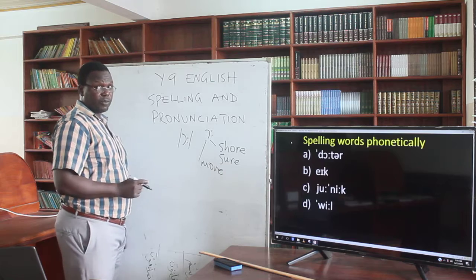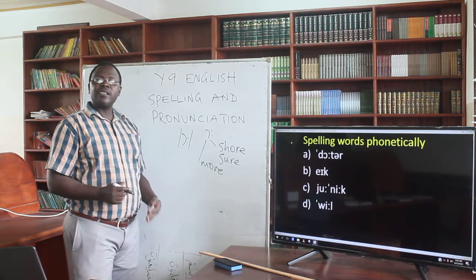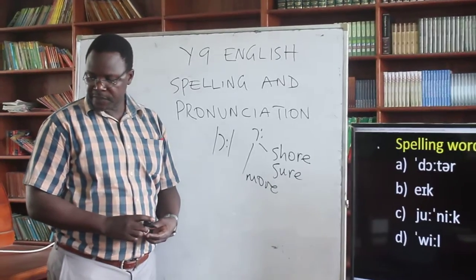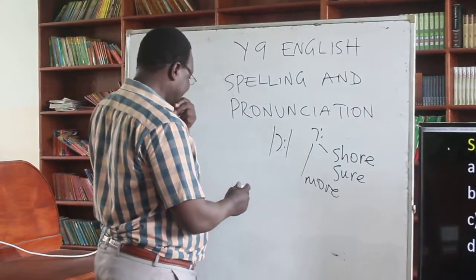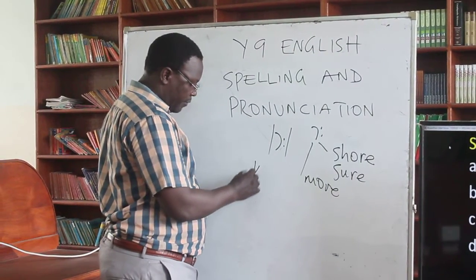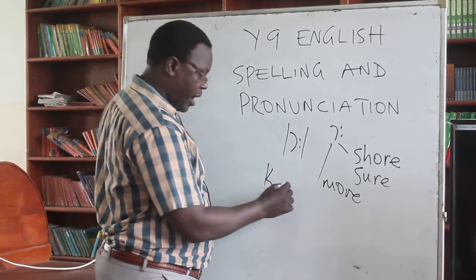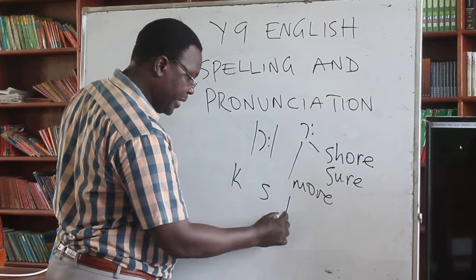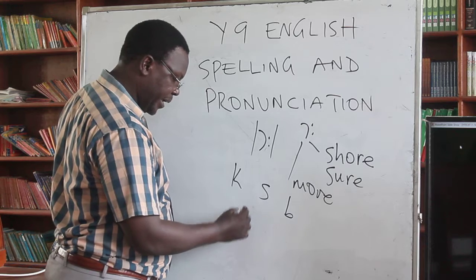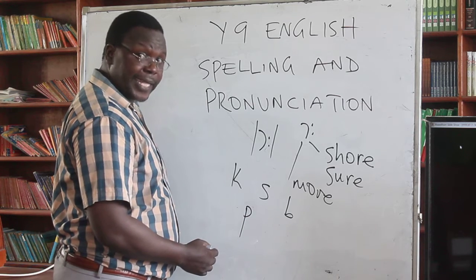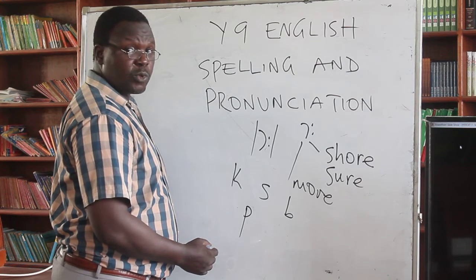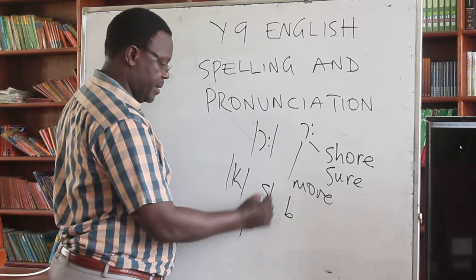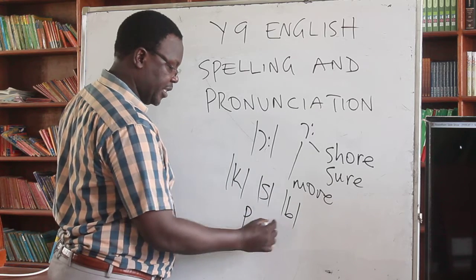I want you to know from the beginning that some of the symbols are actually the letters that we use. So we have this letter, we have letter B, letter P. All these are letters. But when we want to use them as sound symbols, we put them between the slashes.